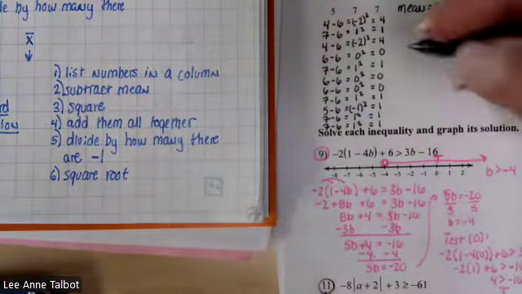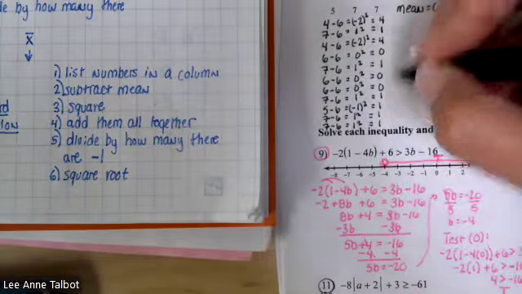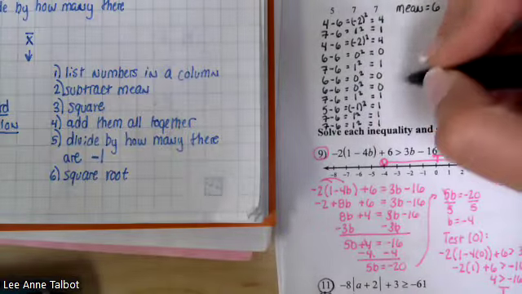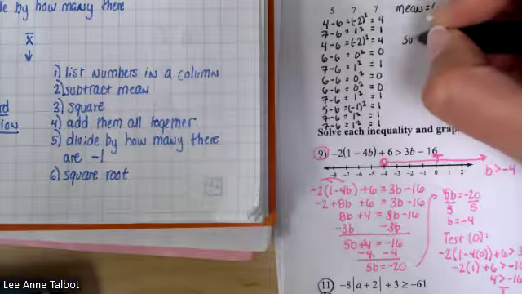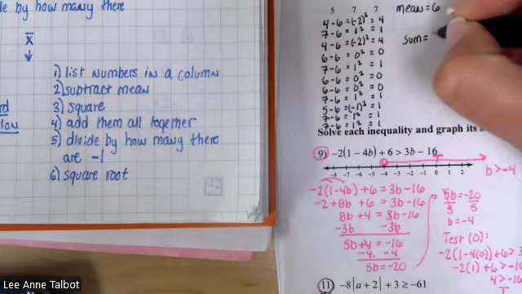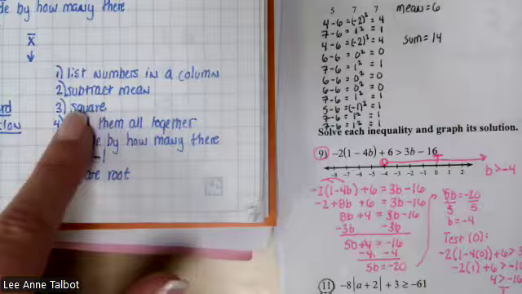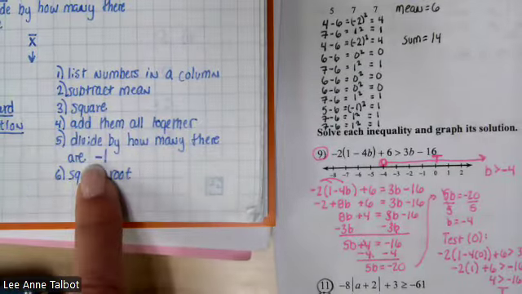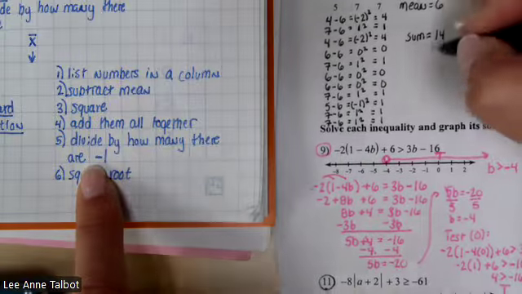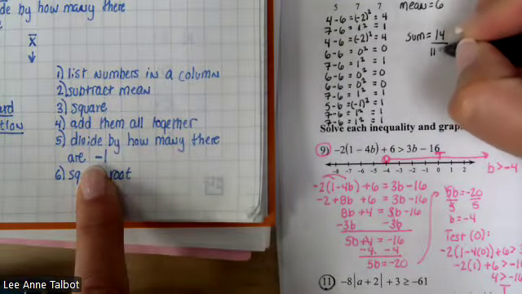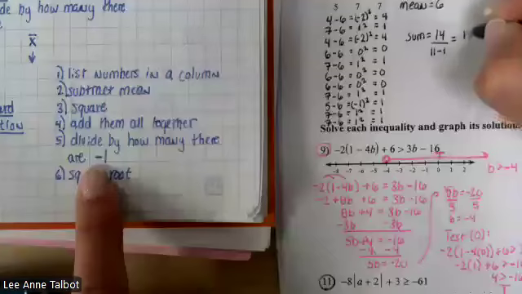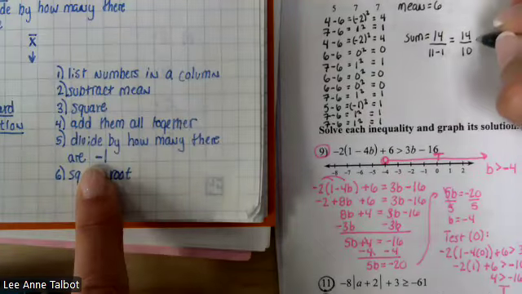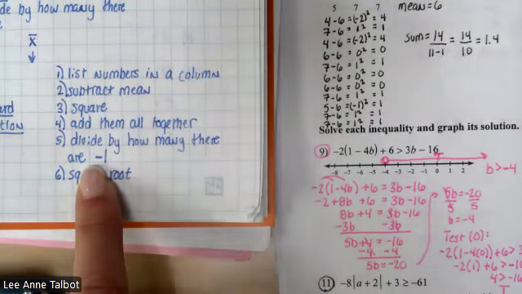Okay. Okay. Divide by however many there are minus what? There's 11, so you're going to go divided by 11 minus 1. So 14 divided by 10 is 1.4.